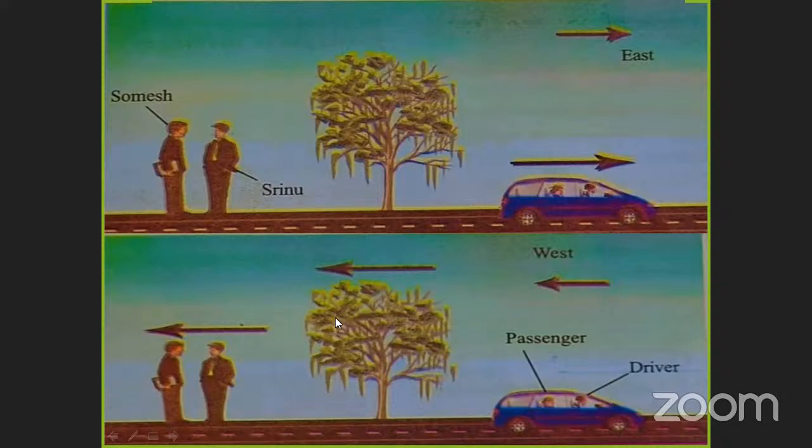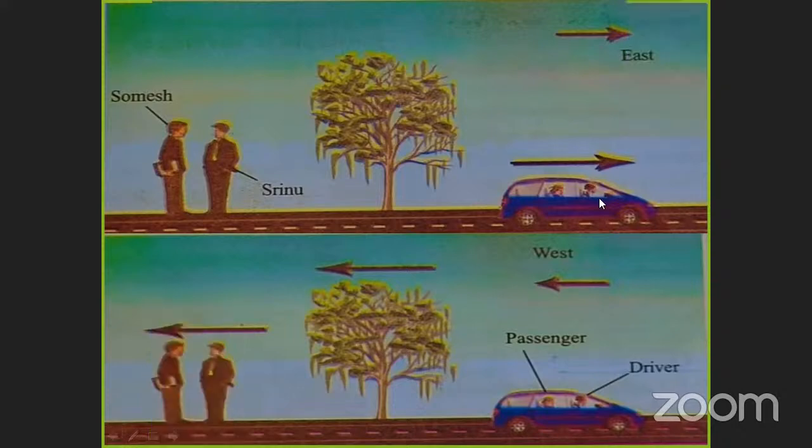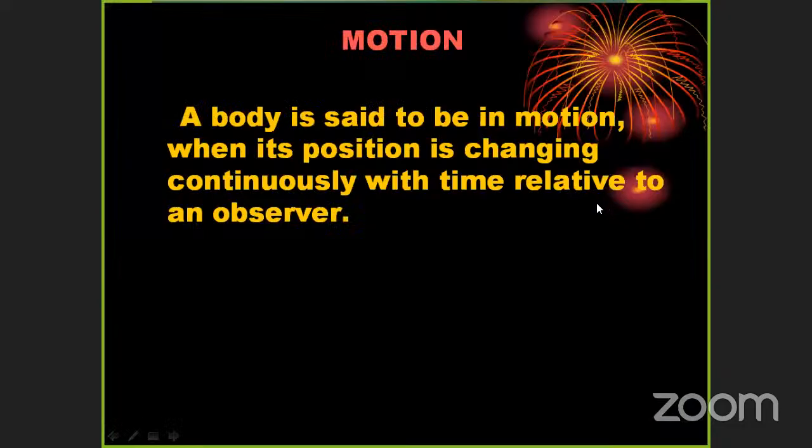Motion means a body is said to be in motion when its position is changing continuously with time and relative to an observer.